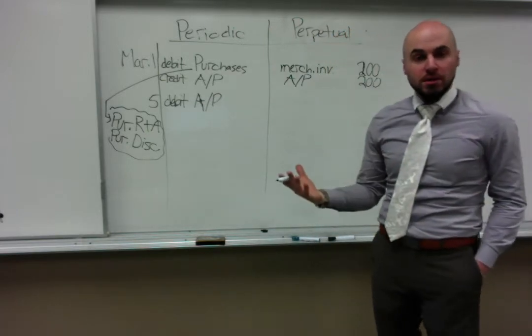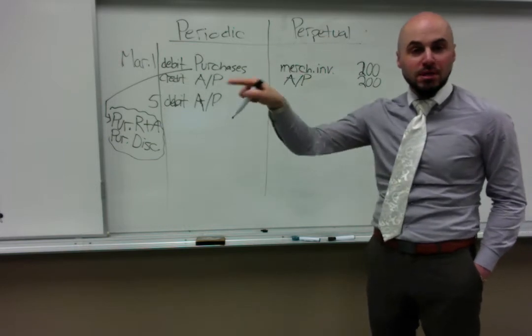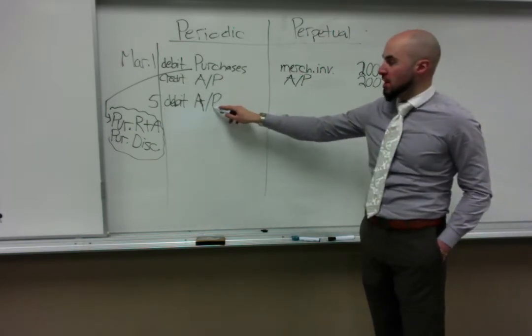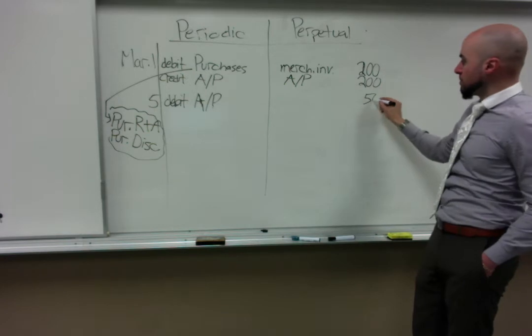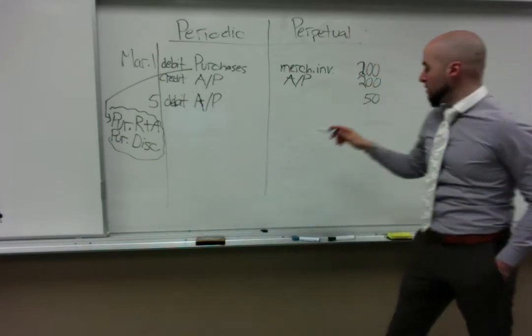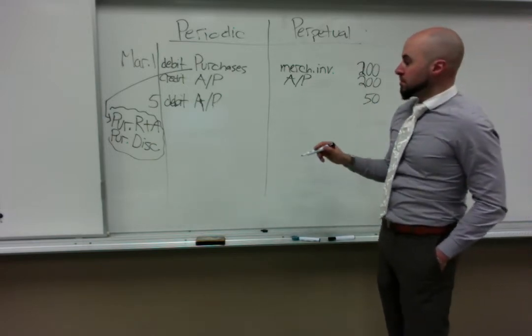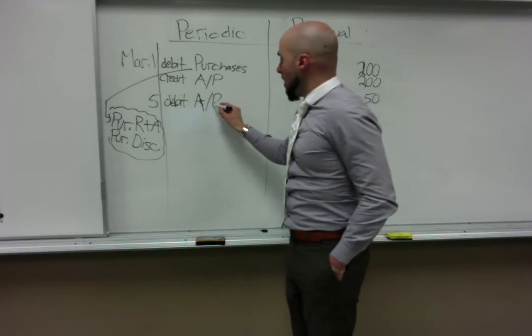Yes, it's a natural credit, but we are decreasing the accounts payable, so therefore we have to debit it since we're no longer required to pay that $50. Debit accounts payable, $50. Okay?